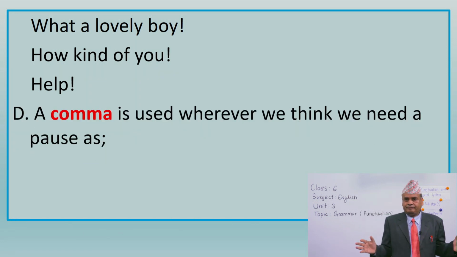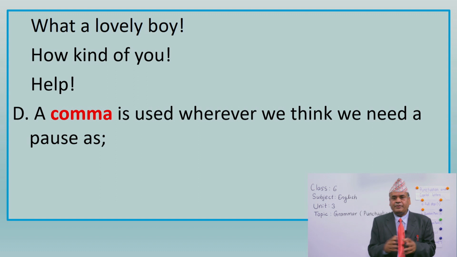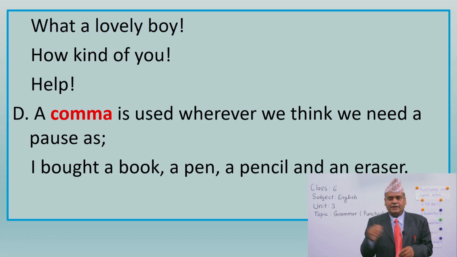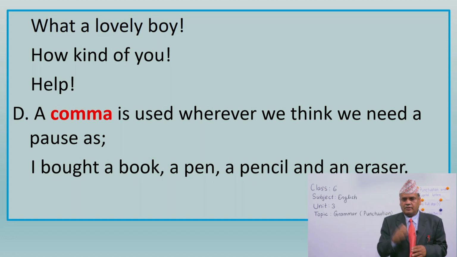And comma. Comma is used wherever we think we need a pause. Pause means stop for some time, right? When we continue something, we don't use comma. But when we have to stop for some time, when there is pause, we use comma. For example, I bought a book, a pen, a pencil, and an eraser. Okay? So we are using comma after book, pen.